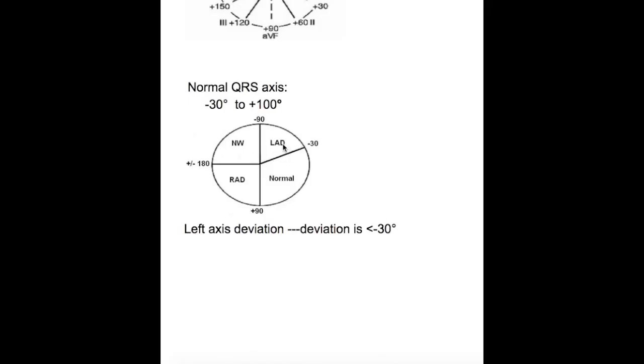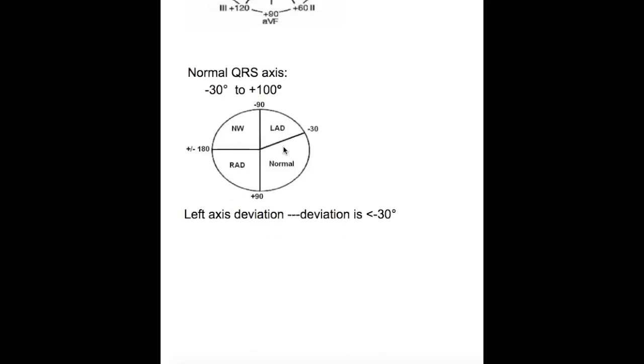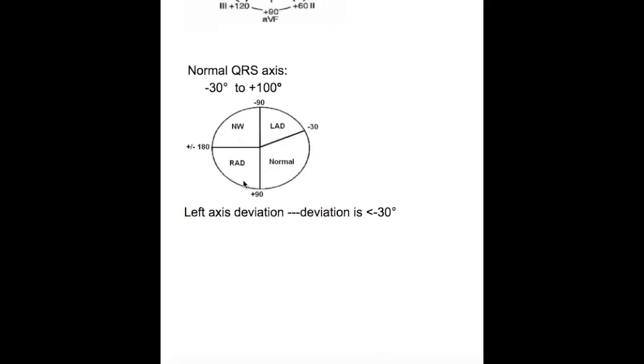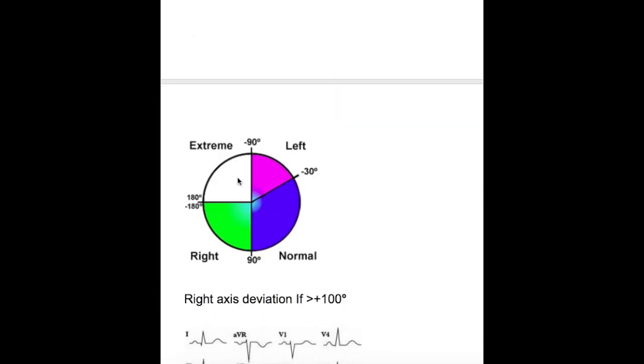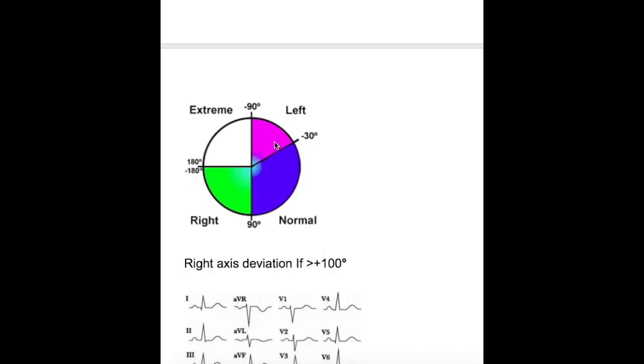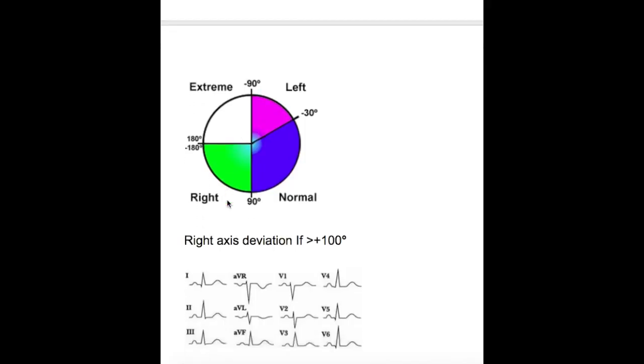If it's less than minus 30, then it's a left axis deviation. And if it's more than 100, then it's a right axis deviation. See here, if it goes less than minus 30, say minus 45, it would be left axis deviation, and more than 100 would be a right axis deviation.